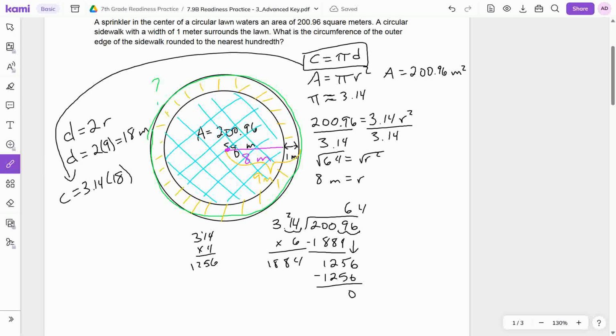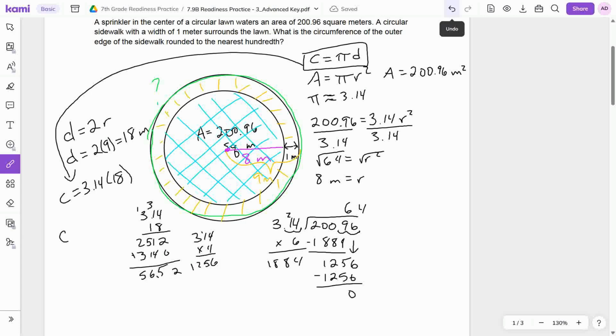All right, so let's do 3.14 times 18. That's going to be 32. That's 8. That's 11. 24, 25. Then on the next row, it's just times 1. So we can just write in 314. 2, 5, 6, 5. 2 digits behind the decimal.